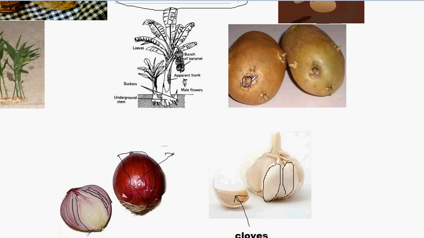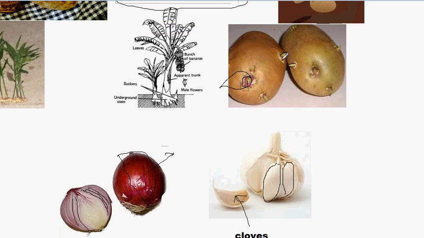This scar is, as I discussed some minutes before, where there was a leaf at some point of time, but this leaf will shear off from the potato, and this removing of the leaf will cause a scar over there, and there will be some buds, as you can see over there.